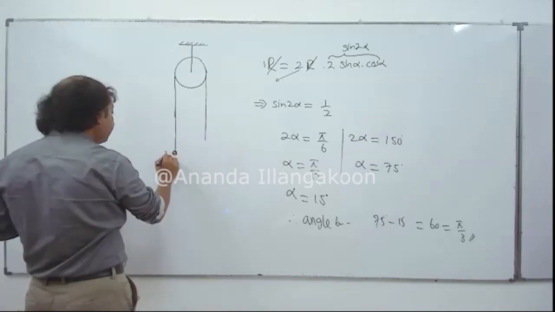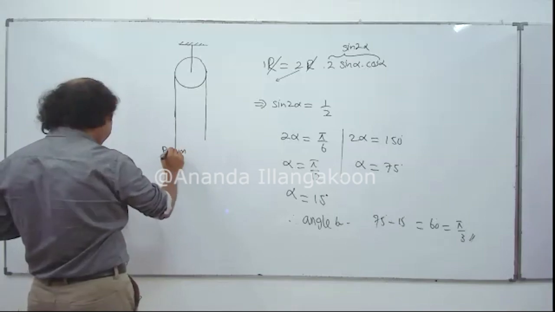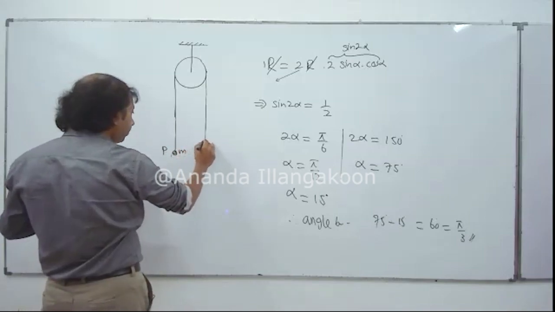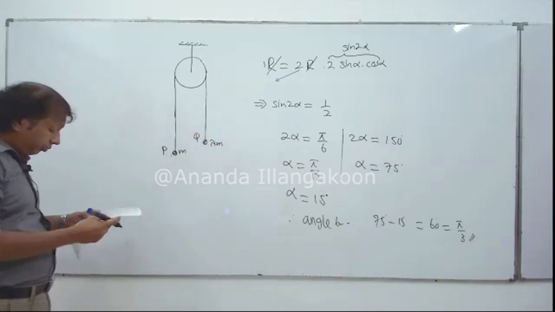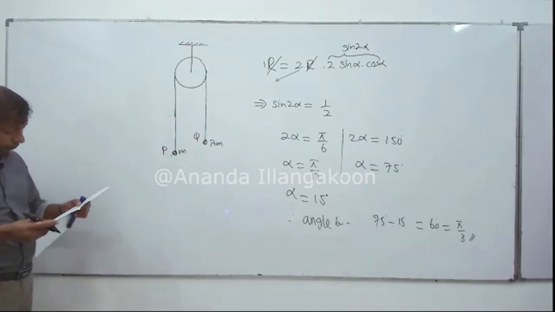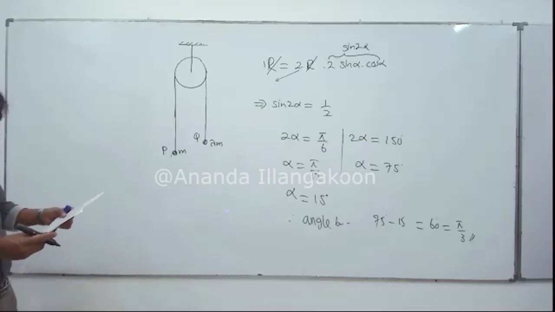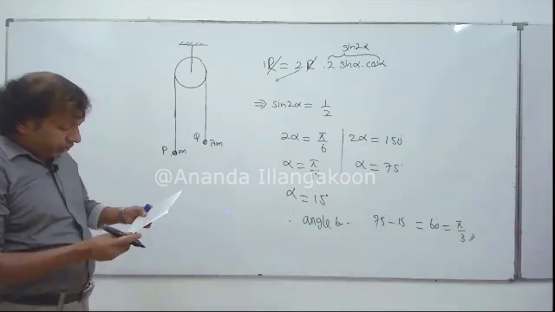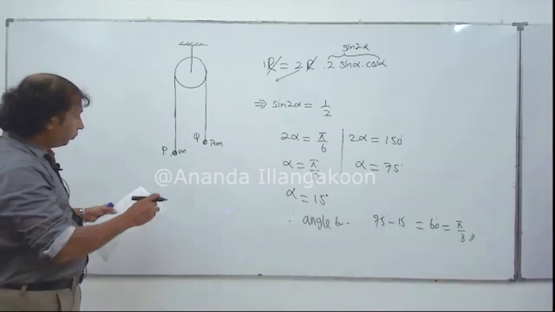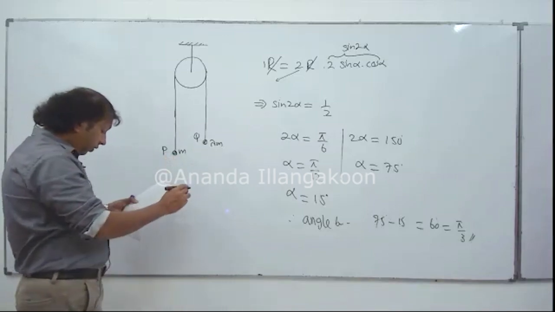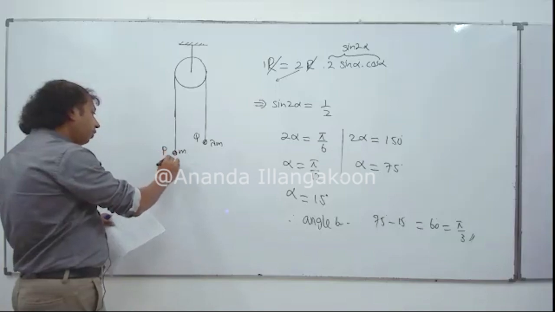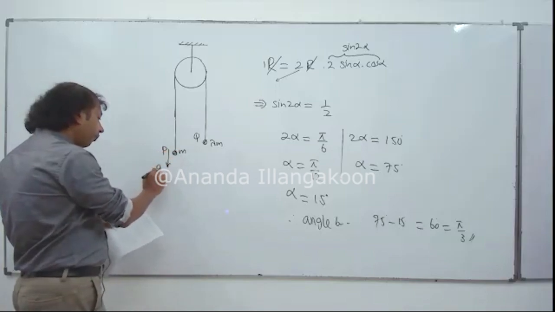Here, particle P, and here, lambda m, Q. The system is released from rest with the string taut, as shown in the figure. The particle P moves downward with acceleration g by 2. We are given that this moves with acceleration g by 2.